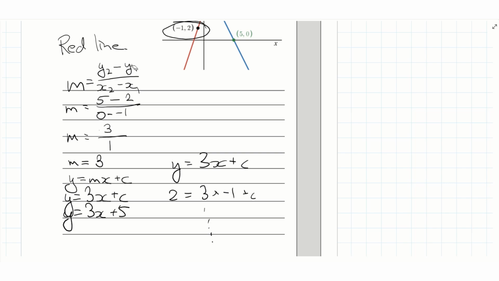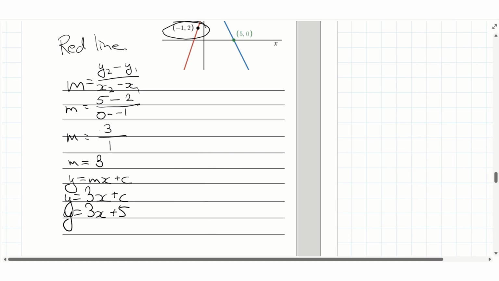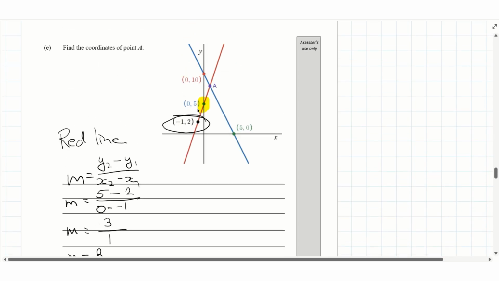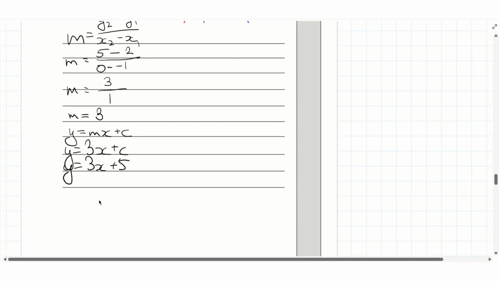And I could do that, but I'm lazy because I'm a mathematician and I'm going to do it as easily as possible. And I can already see that my y-intercept is 5. So I already know that this equation right here works.